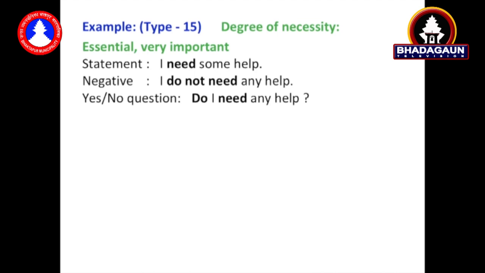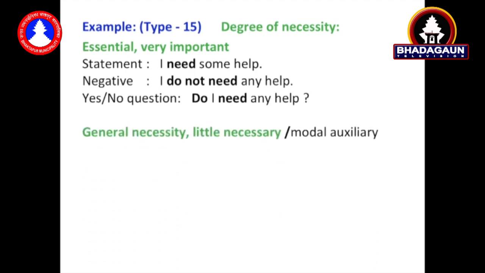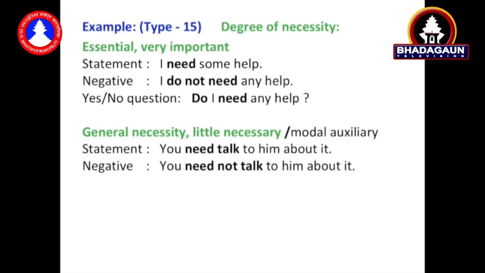Now a little bit different use of need again. That is general necessity or little necessary, and this is used as a modal auxiliary, not the main verb. The statement is, you need talk to him about it. Here need plus V1, and this need is a modal auxiliary, and we can use not next to it.